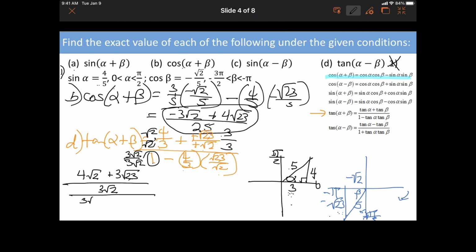Over 3 root 2. Now you can see there's both 3 root 2's in the denominator, so they're going to simplify out. It's like multiplying 3 root 2 by 3 root 2.